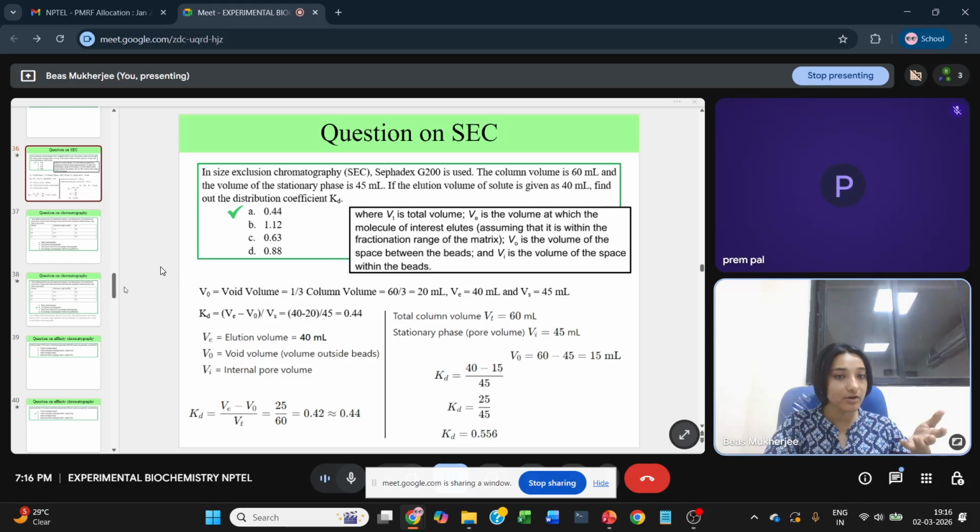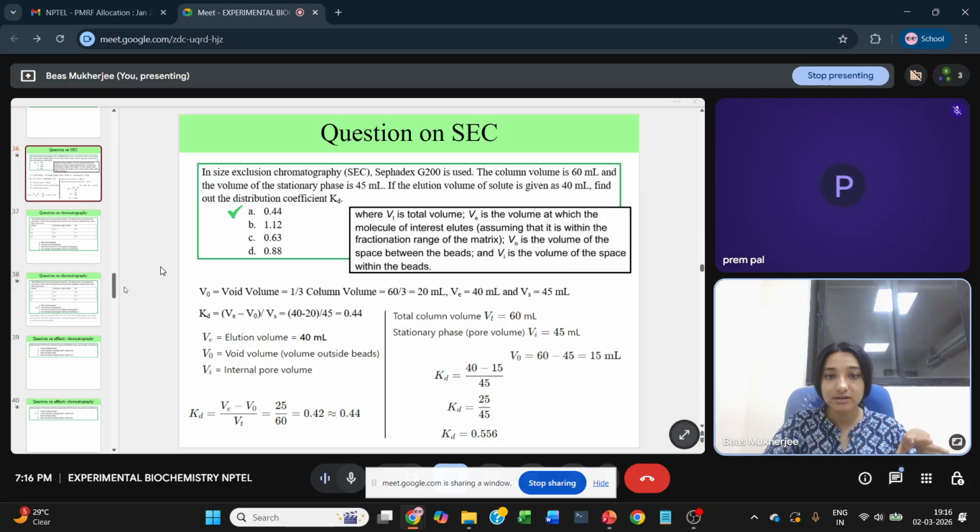Now there is another way of solving this question, and that is if you take the total column volume or Vt to be 60 ml, then the stationary phase is 45 ml. So when you subtract these two, you get 15 ml, which is your V naught, right?